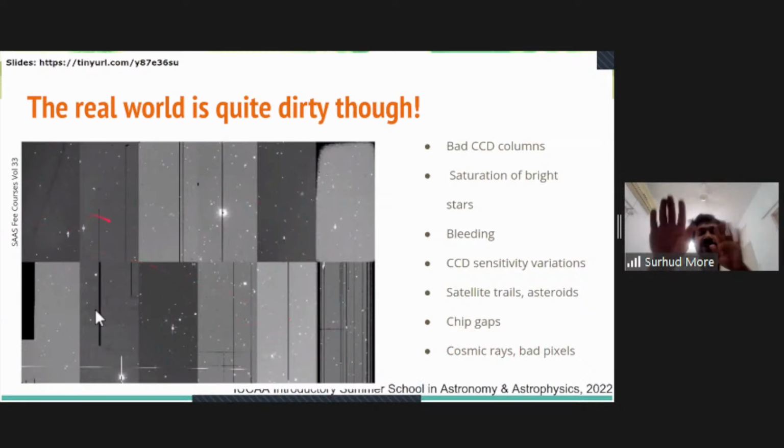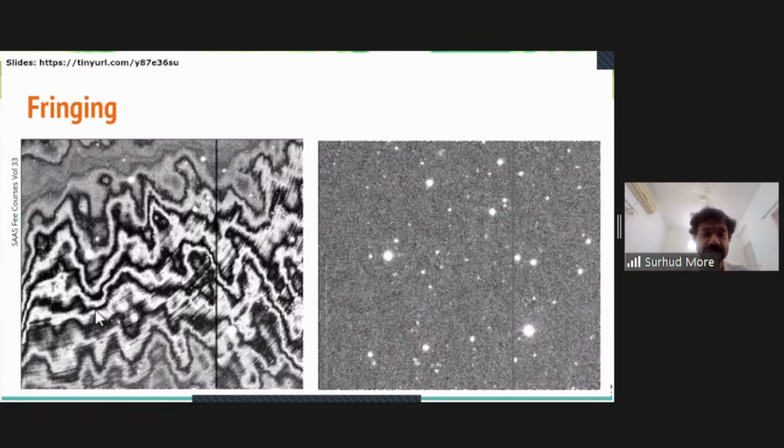You can see also differences in the sensitivities of each of these CCDs. Right? And so they're also being operated at different bias values and so on. So there's a lot of complications that go in. So you have to correct for these effects. Then if you go to longer wavelengths, sometimes what happens is the light which is coming from above, it enters your CCD, and not all of that light gets absorbed and gets converted into electrons, but some part of that light reaches the back of the CCD, and it reflects back from there.